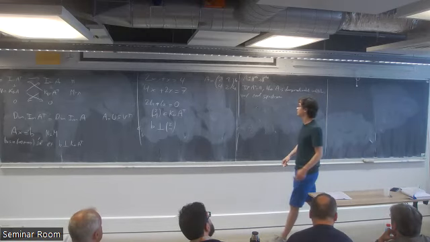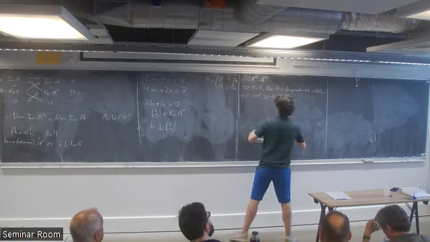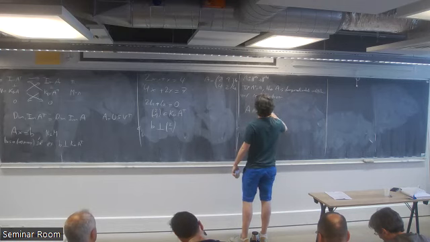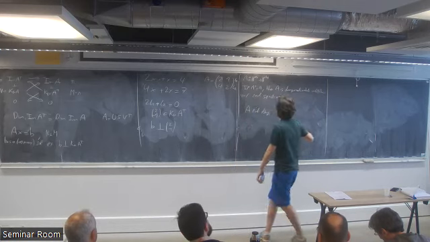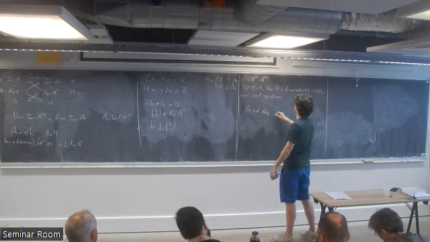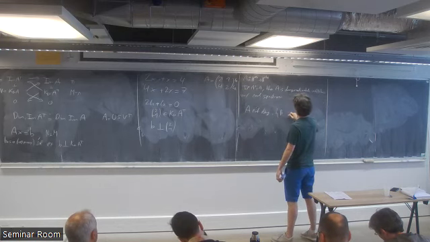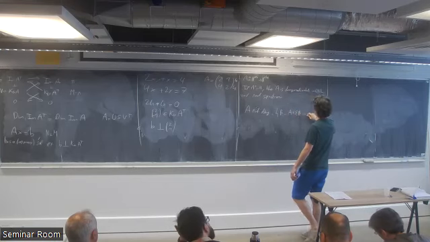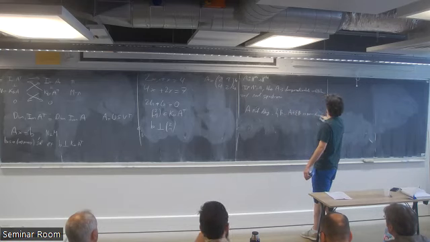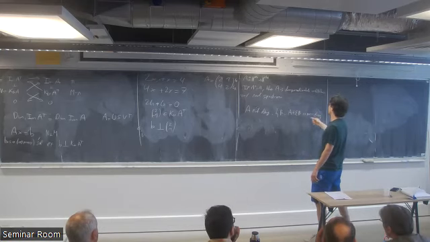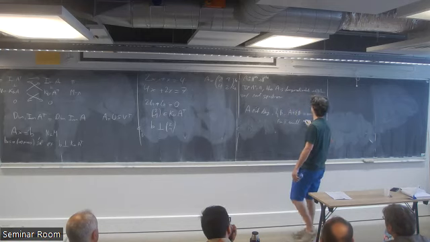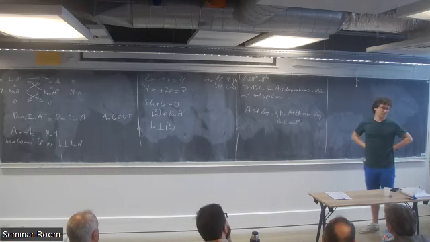I'm not going to say that in detail, but if you have A which is not diagonalizable, then the set of B matrices such that A plus epsilon B is non-diagonalizable for epsilon small is of dimension less than the full space.